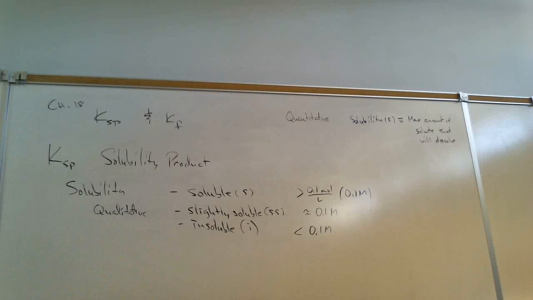Not only do we want to say it's more soluble in acid, we want to calculate the difference. What is the difference in solubility of calcium fluoride in water versus acid? And it depends on what pH acid it is. What is the difference in water versus pH 6 acid, pH 5 acid, pH 4 acid? And so those are the types of calculations we're going to be doing in this chapter.